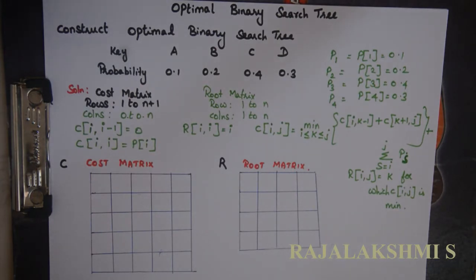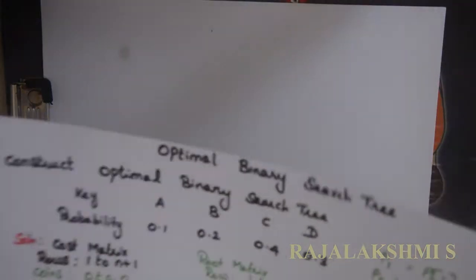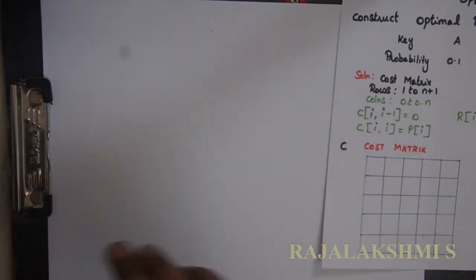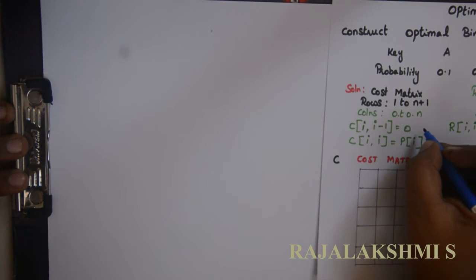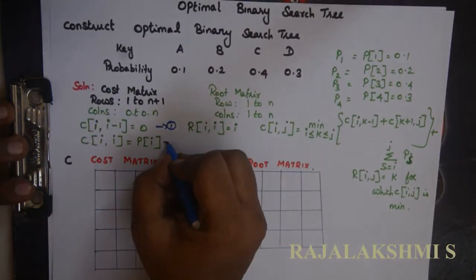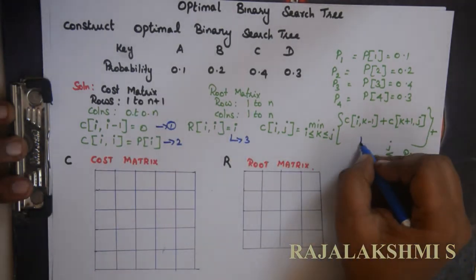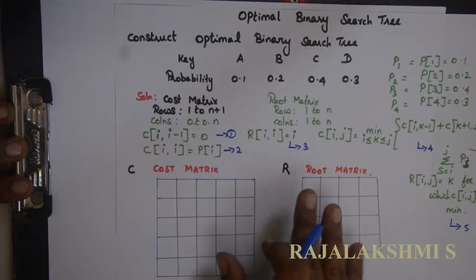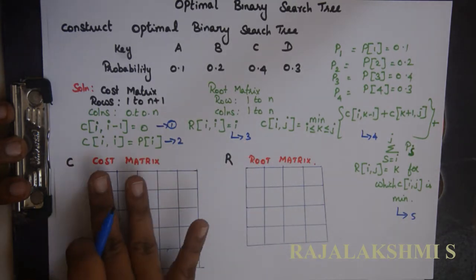Now we will start filling the table. Let me number these equations as 1, 2, 3, 4 and 5. Equations 1, 2 and 3 represent the initial conditions to fill the cost matrix and root matrix.